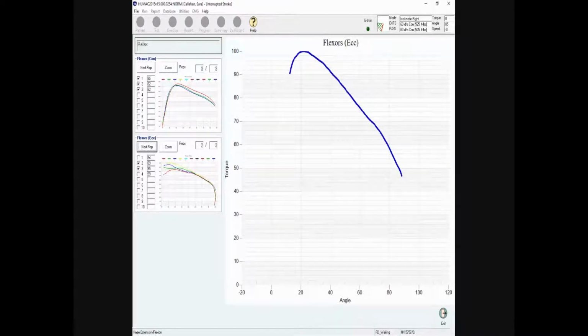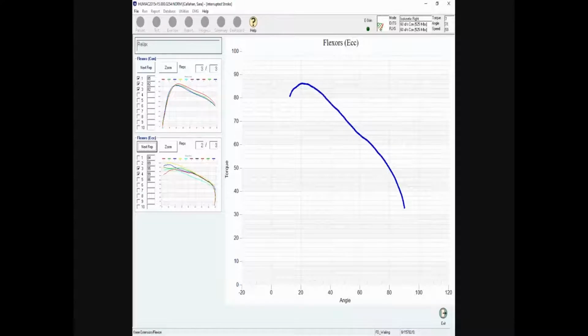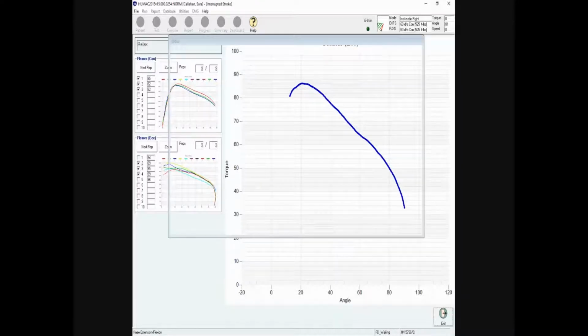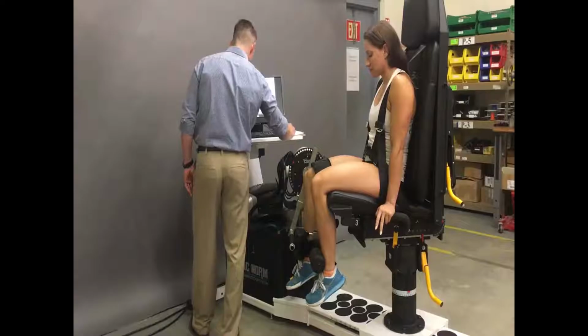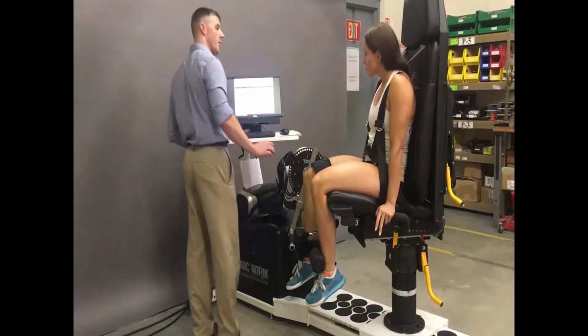So her 4th eccentric rep was really good with a high torque amount and a good curve, so I unselected rep 2 and I kept rep 4. So let's do one more rep to see how she does. Now it's not as good, so I went ahead and clicked back on rep 2 again. Now I have 3 on each, so we're all done with the hamstring and we're all done with the right leg.